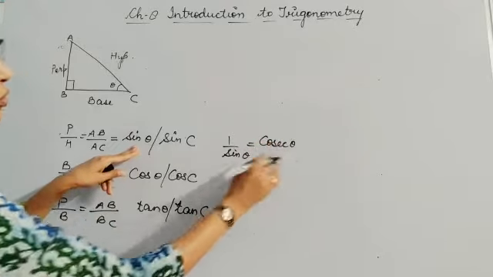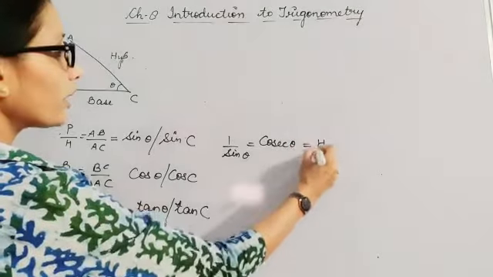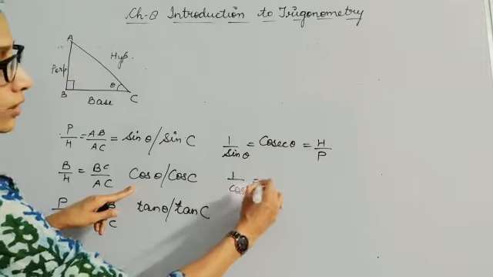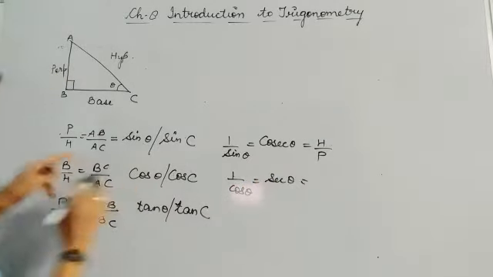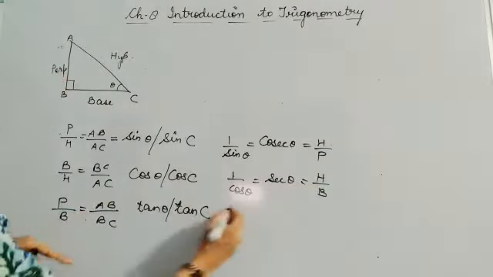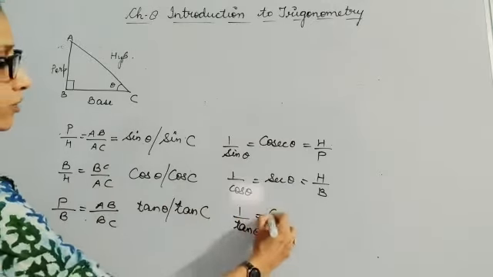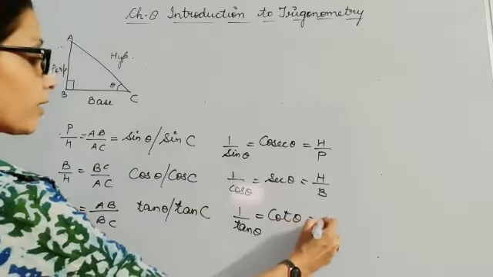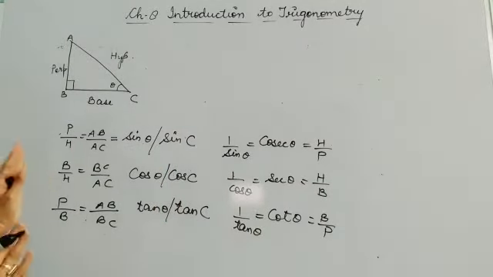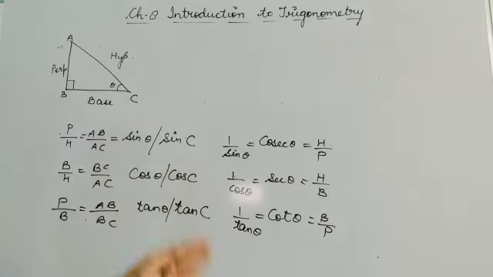So you need to reciprocate this term, so it will be H by P. If you want the reciprocal of cos theta, which is sec theta, you will reciprocate it, so you write H by B. If you want the reciprocal of tan theta, which is cot theta, then you can write it as B by P. So this is the way we write the six different trigonometric ratios.